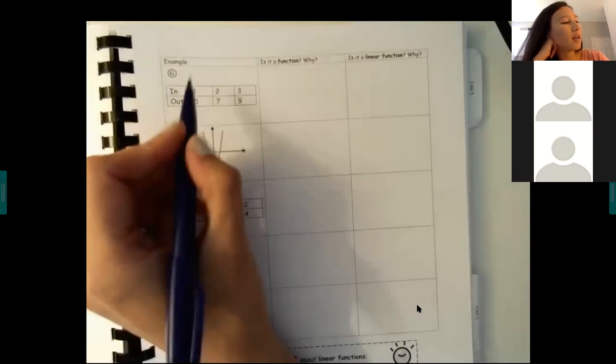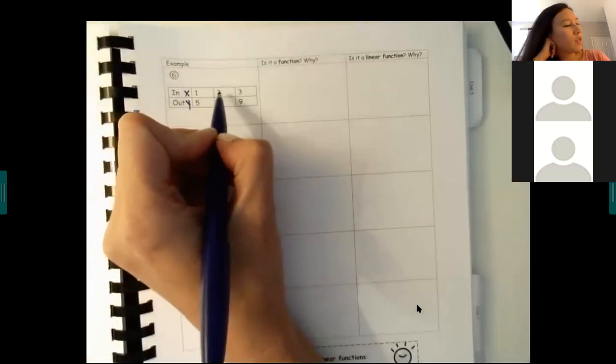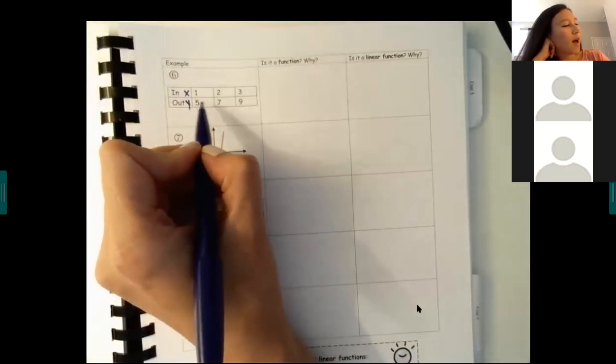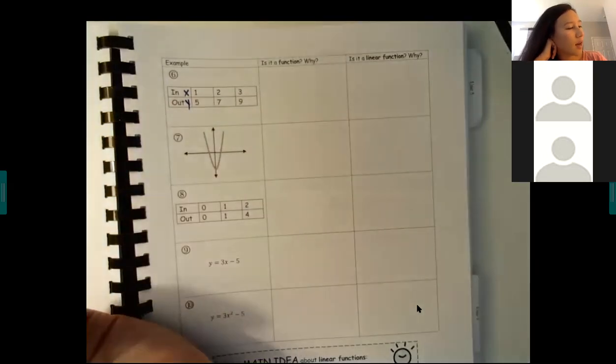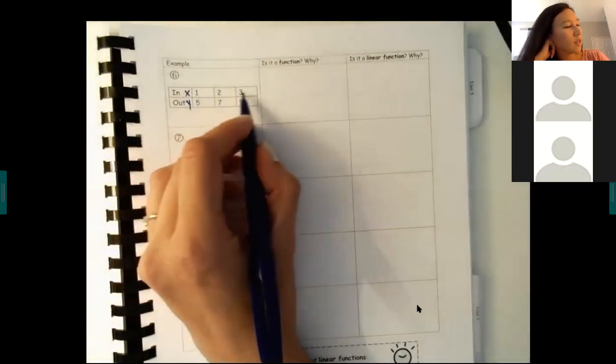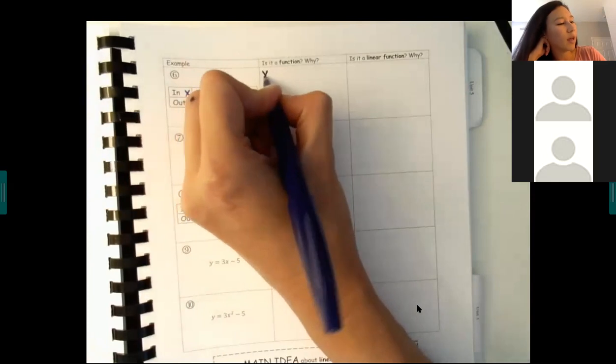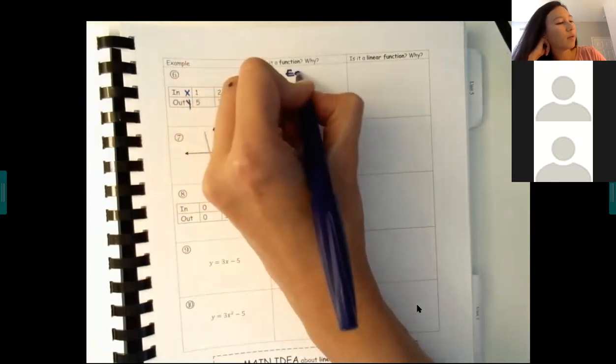We have our x, or inputs, and we have our y's, which are outputs. So if we have 1, 2, 3, and then 5, 7, 9, is it a function? Yes, there's no repeating x's, like we said. As long as the x's don't repeat, we know it is a function. That means each input has only one output.